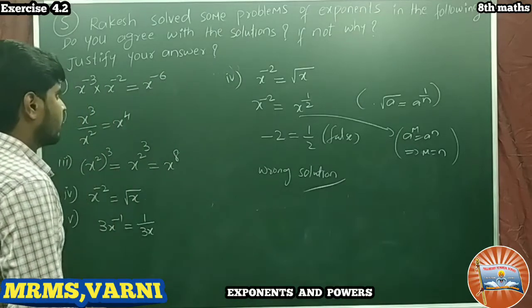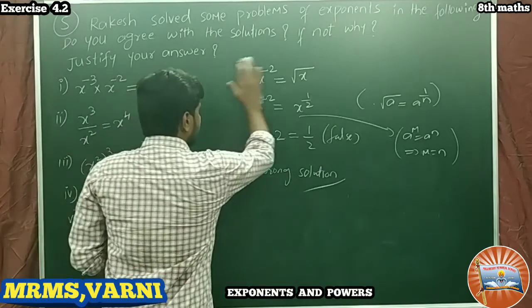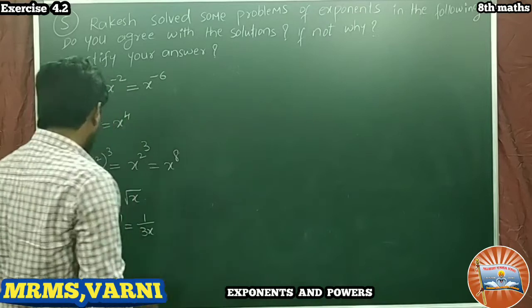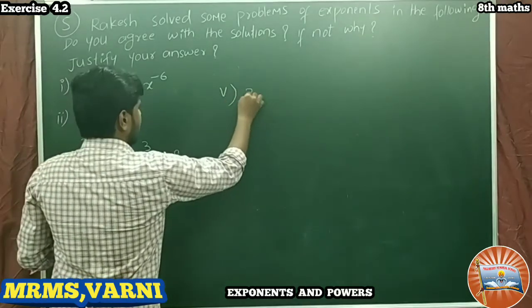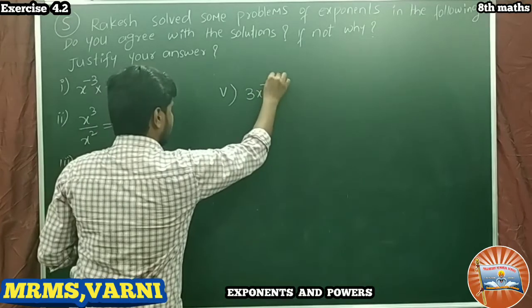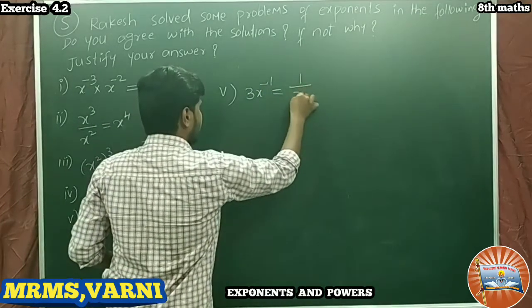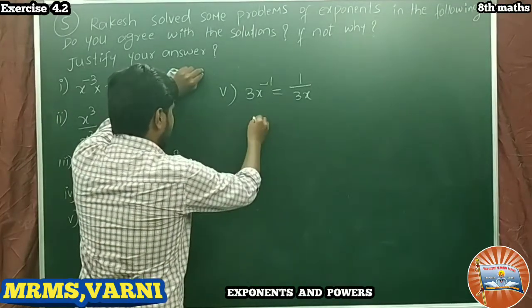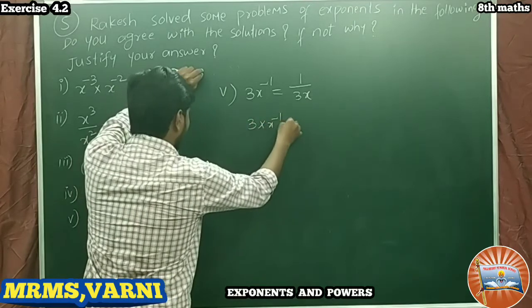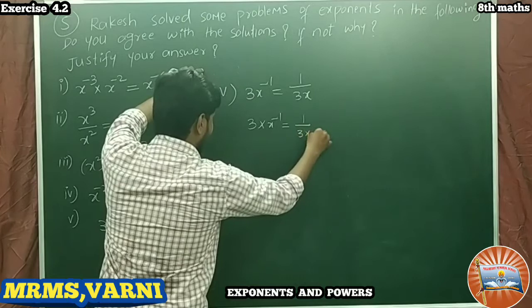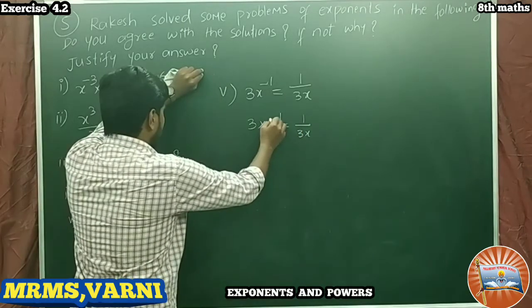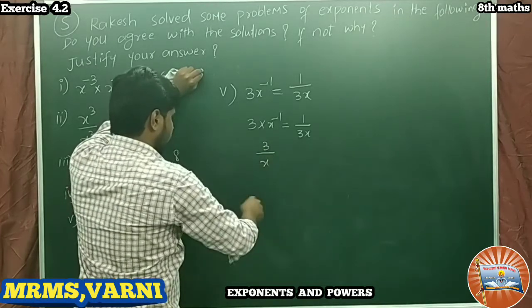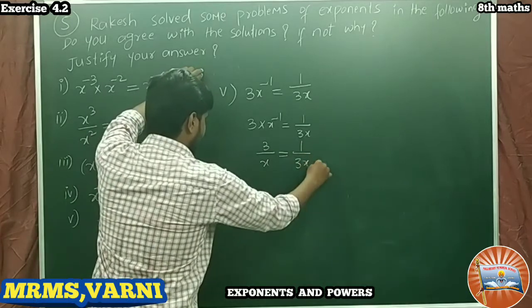Right. Next, row number 5. What is the question? 3x power minus 1 is equal to 1 by 3x. So this 3x power minus 1 we can write as 3 into x power minus 1, which is 3 by x, is equal to 1 by 3x.